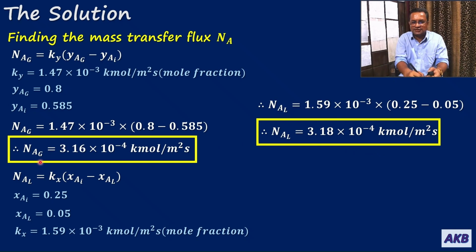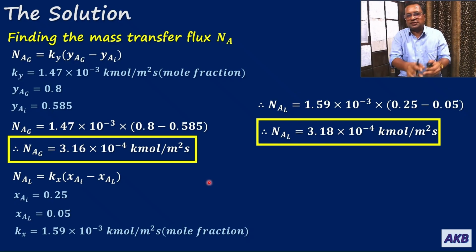So for this particular mass transfer problem, the mass transfer flux is 3.18 into 10 to the power minus 4 kilomole per meter square per second, which is almost equal to 3.16 into 10 to the power minus 4 kilomole per meter square per second. With this, we get the complete solution.